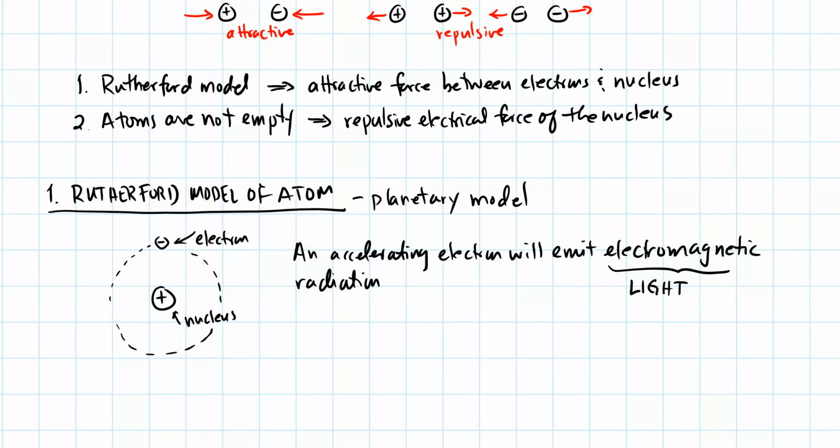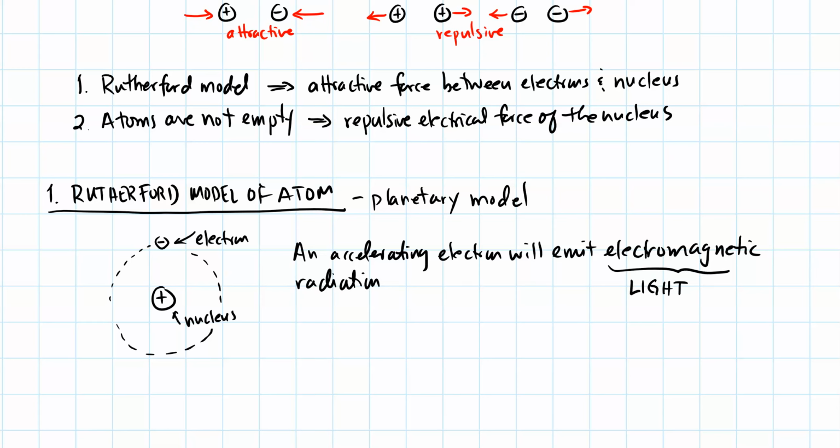This is exactly what happens in your microwave oven. So as an analogy of what is going on, let's talk about a microwave oven. How does a microwave oven work?